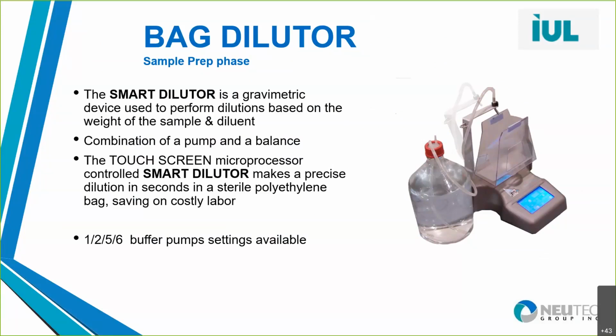You set it up with a bag that you fill with some type of buffer or diluent, and then your sample, and then you tell it what kind of dilution you want to achieve, and the system automatically creates that dilution based upon weight and concentration from those weights. It's a very nice system to avoid mistakes that can happen when you start trying to think about dilutions and what you have put where. The smart diluter can eliminate the problems and challenges that come from that.